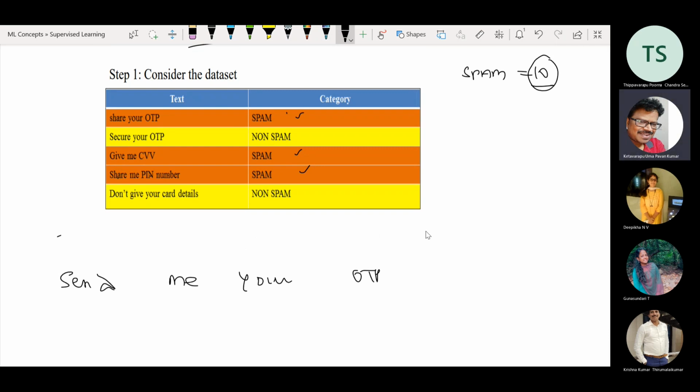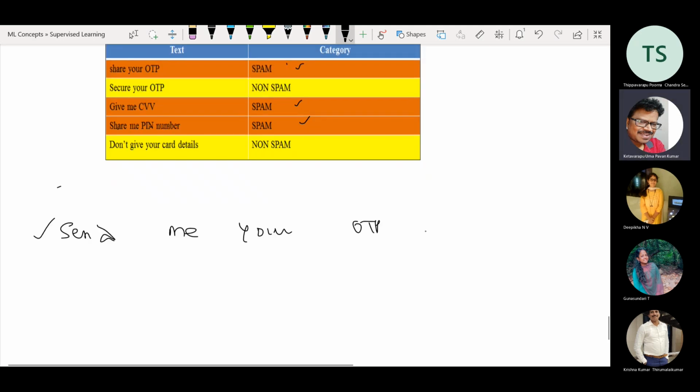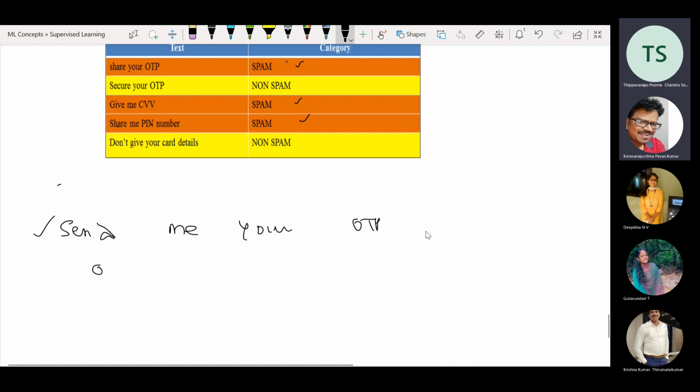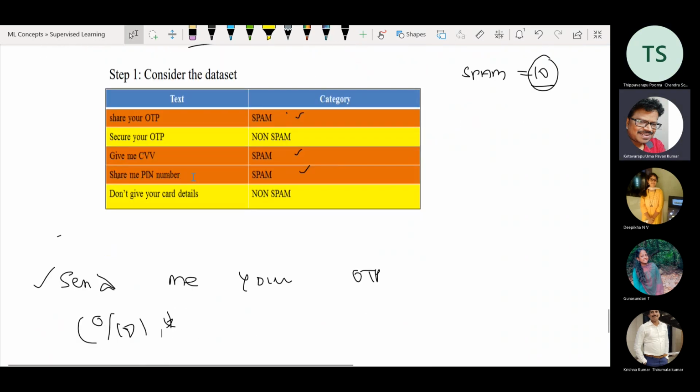Out of these three spam statements, do I have any send word? No, I don't have any send word. So it is 0 by 10, into me. How many times did me appear, friends? One, two, two times actually. In the first statement, we don't have me.